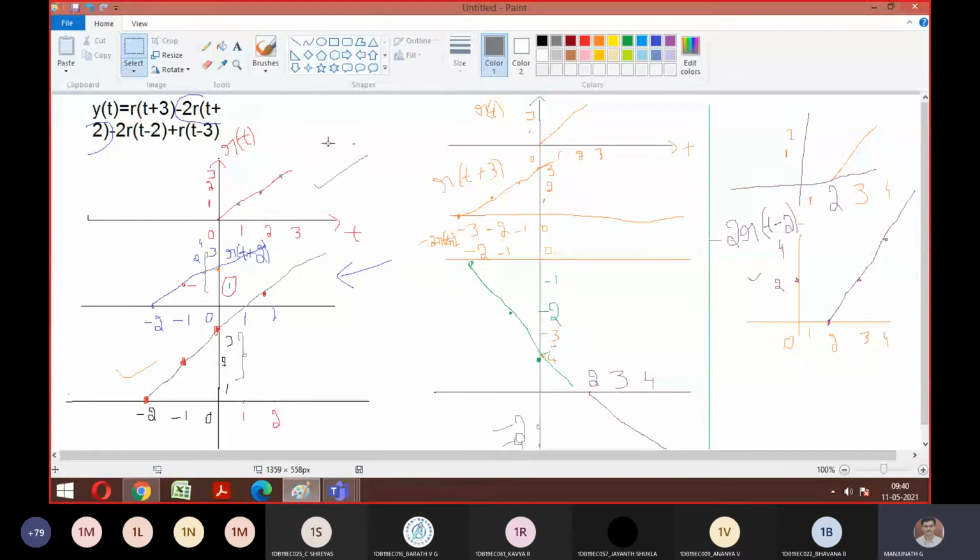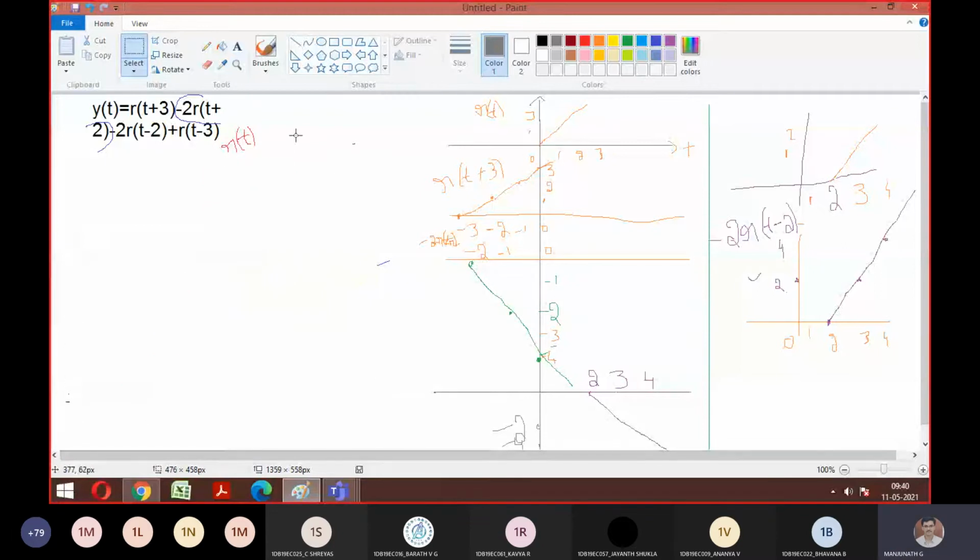The last category is t minus 3. Try to write this below only, as there is no space. So t minus 3, how will you plot here?